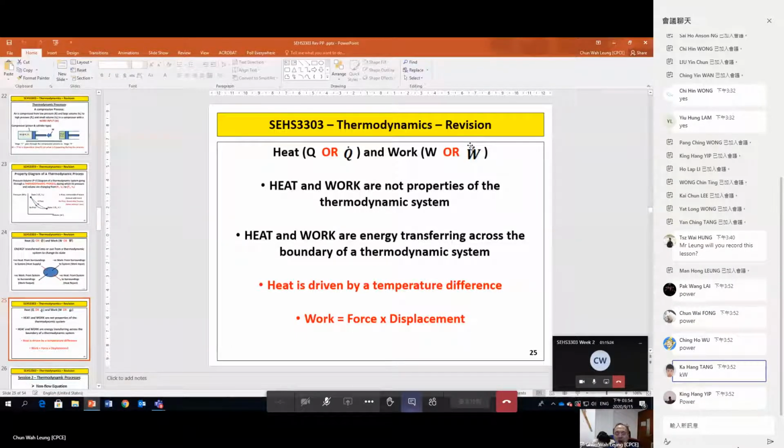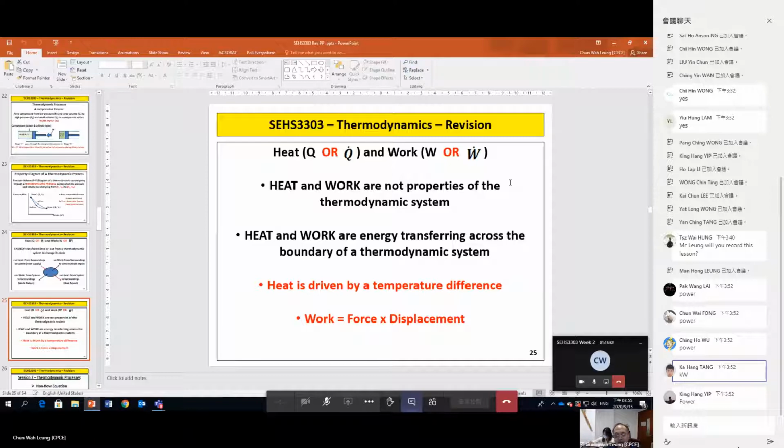So now, let us show a summary. The two energies that transfer during a process will be either heat or work. So we usually use Q to represent heat. Put a dot onto that, then it's the amount of heat per second.